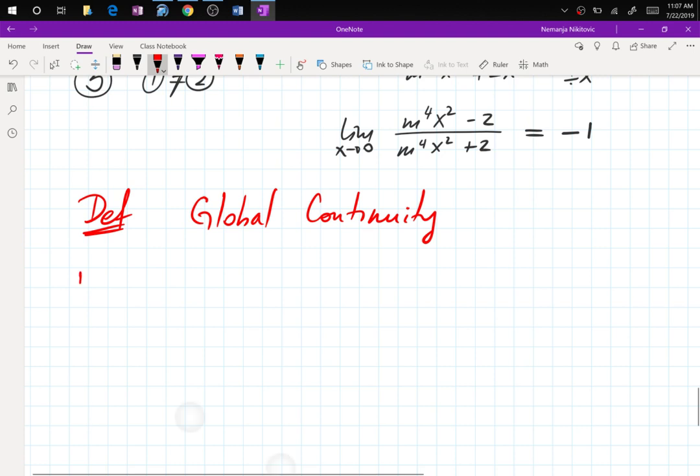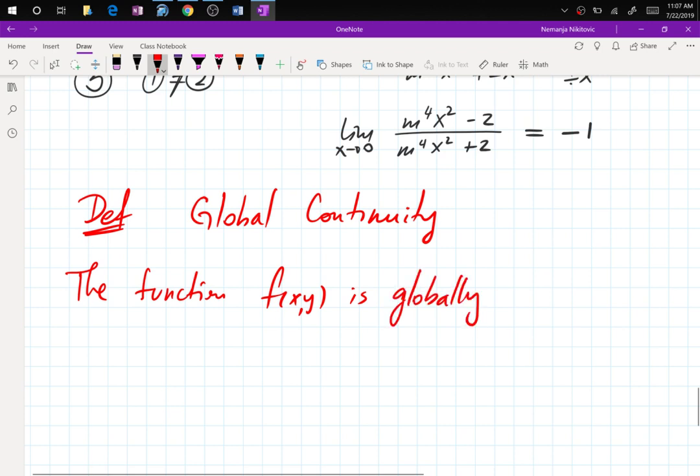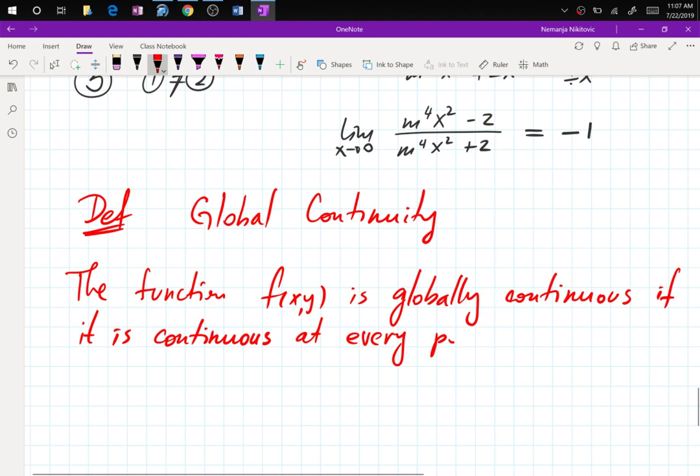So the function f of (x, y) is globally continuous if it is continuous at every point (a, b) in its domain.